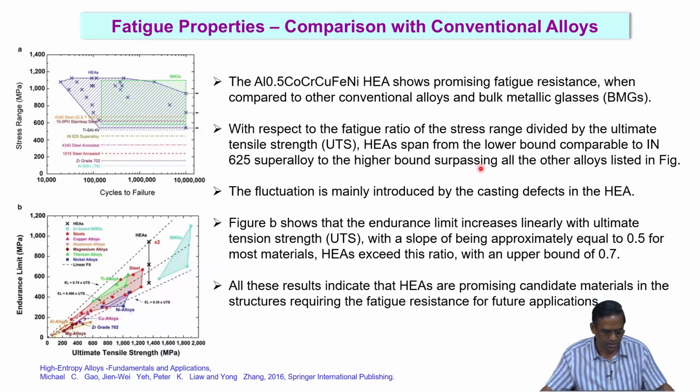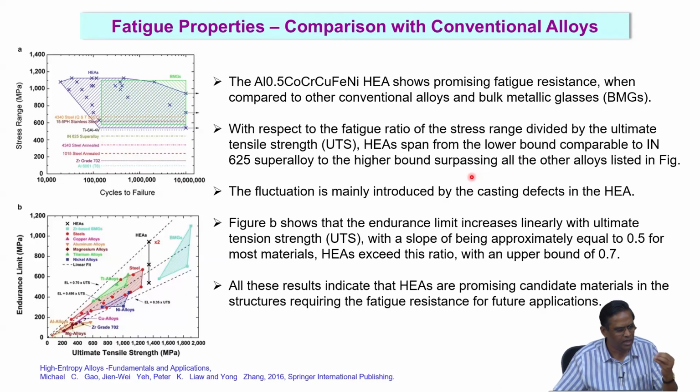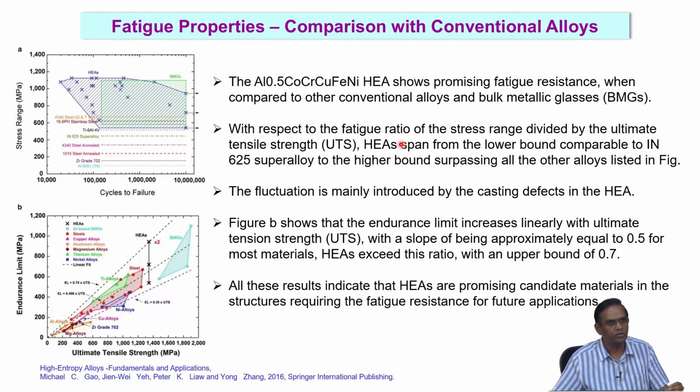Let us compare this, because fatigue requires quite a bit of time and volume of materials to characterize all sorts of materials. So, people have conducted very limited fatigue tests, then they try to characterize the SN curves. With that kind of data, we are trying to compare with the conventional alloys.